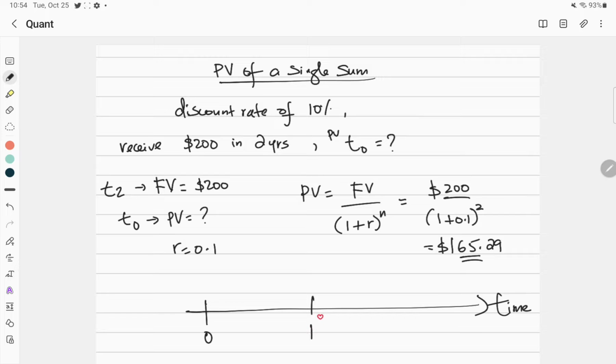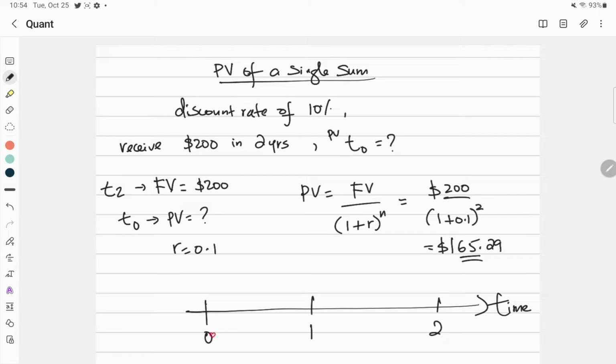Time 1 is the end of year 1 or the beginning of year 2, and this is the end of year 2 or the beginning of year 3.